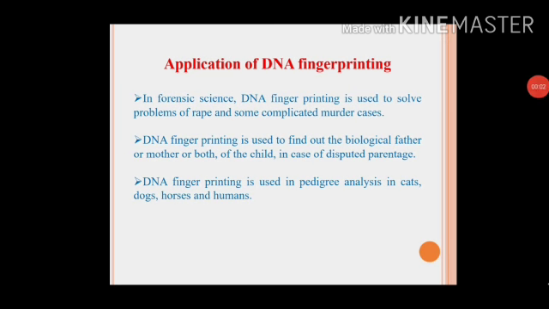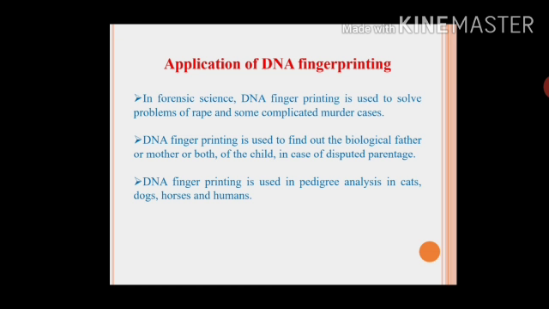Here we completed today's point. In this way we have studied the entire topic molecular basis of inheritance, in which we studied the following points: discovery of DNA, then DNA as genetic material by Griffith experiments, Avery MacLeod McCarty experiment, Hershey Chase experiment.